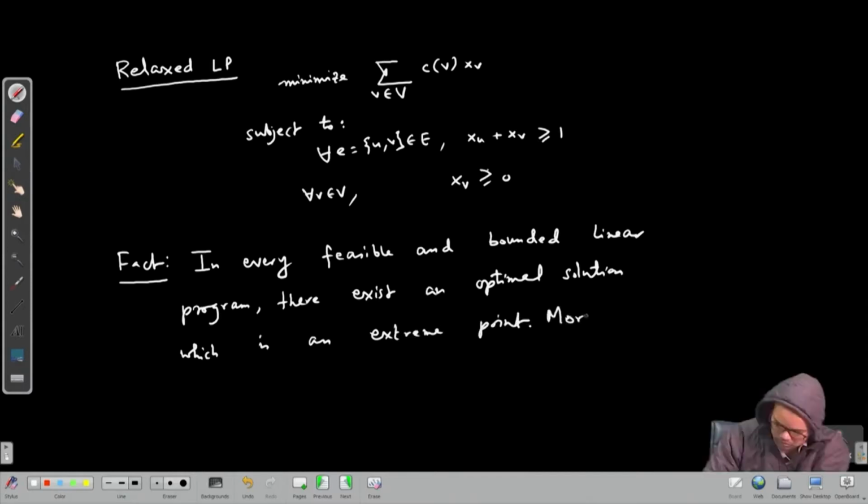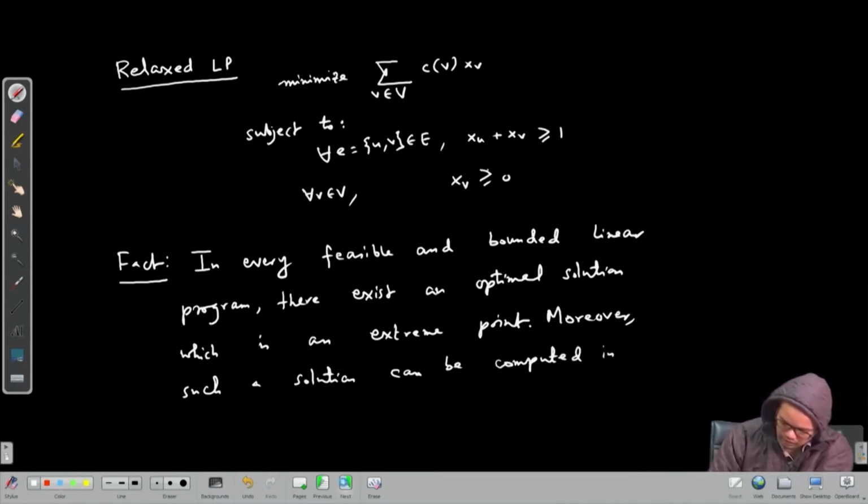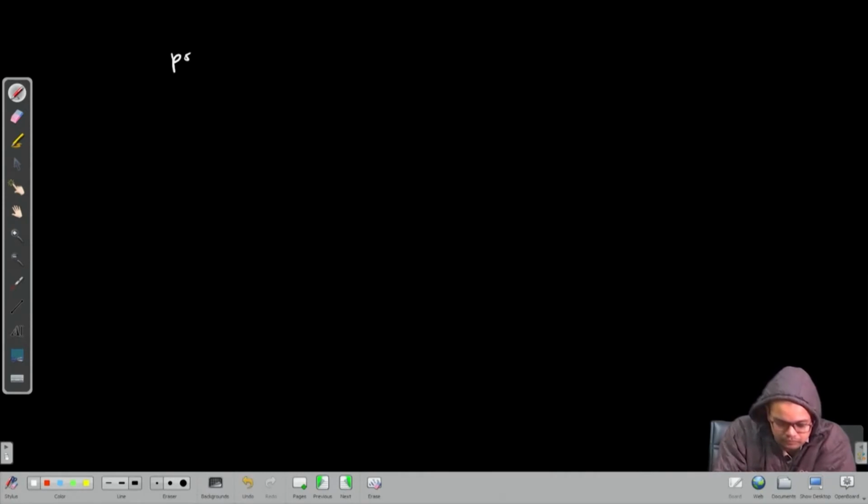Moreover, such a solution can be computed in polynomial time.